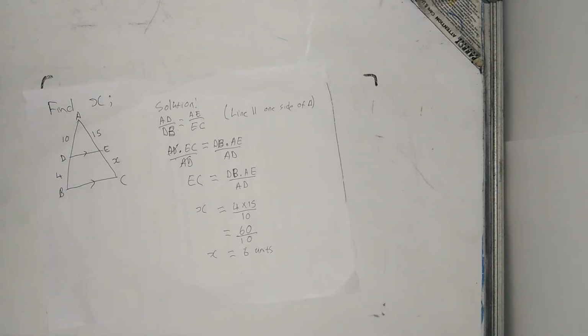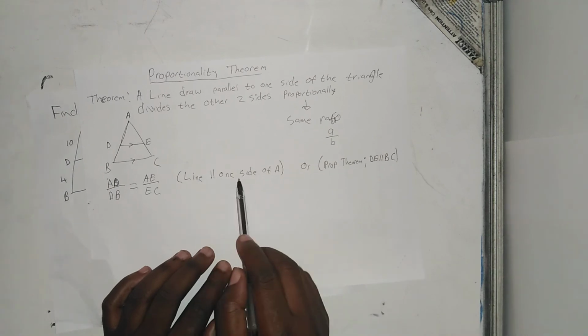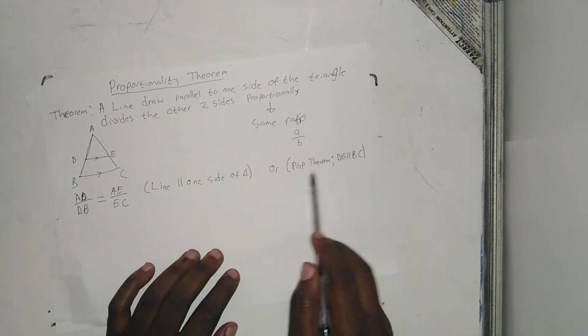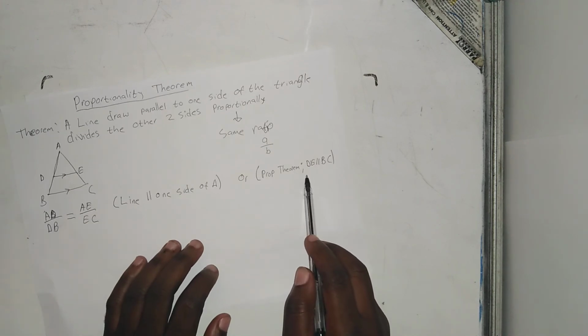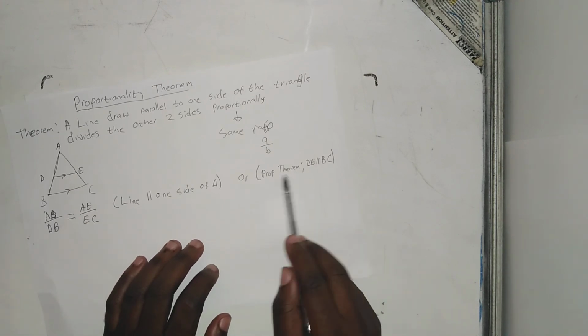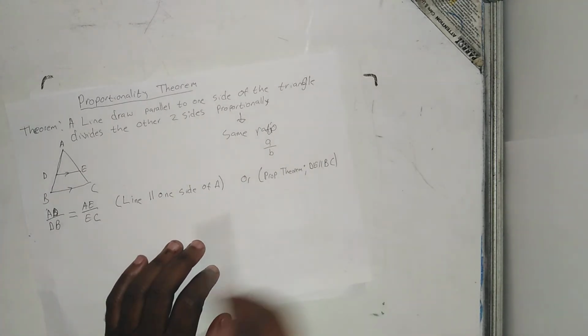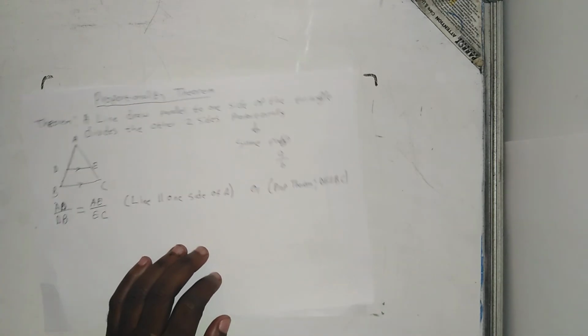We did say that in order to show that we have used it, we can say 2 things. We can either say line parallel to one side of a triangle, or we can say proportionality theorem, and then semicolon, which means since in mathematics. So proportionality theorem since DE, which is this one, parallel to BC, which is this one.